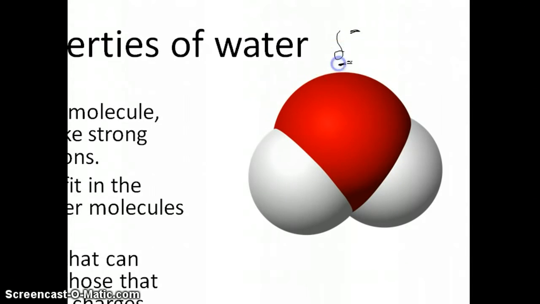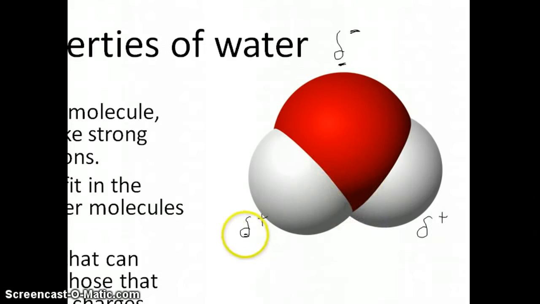So we give it the symbol delta, a Greek letter, with a negative sign, meaning that it's more negative in comparison to the hydrogen atom. On the other hand, you can think of the hydrogen atom, because most of the electrons are pulled towards the oxygen, to be more positive, relatively speaking, in comparison to the oxygen atom. So we give it the symbol delta positive for both of these hydrogen atoms.